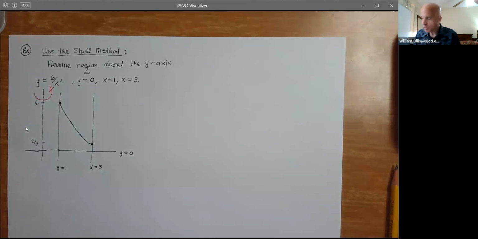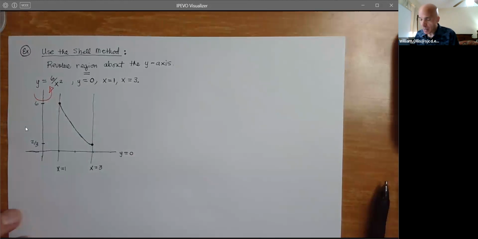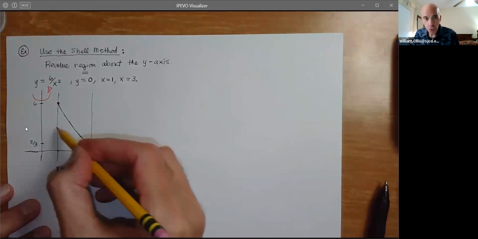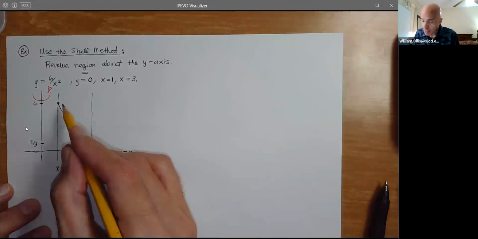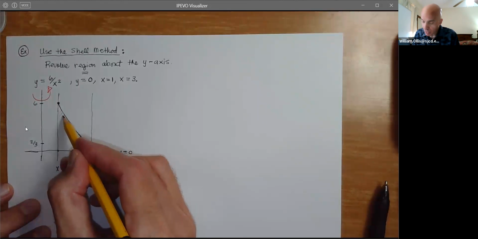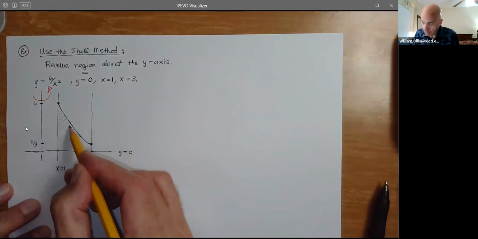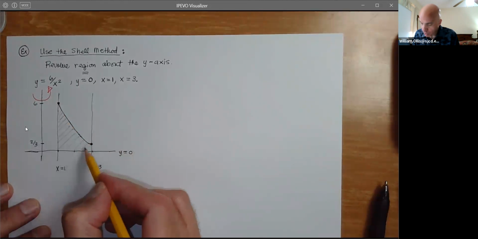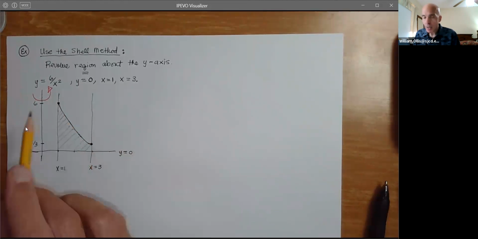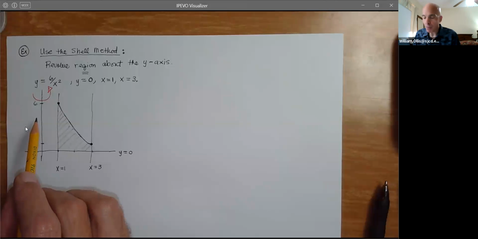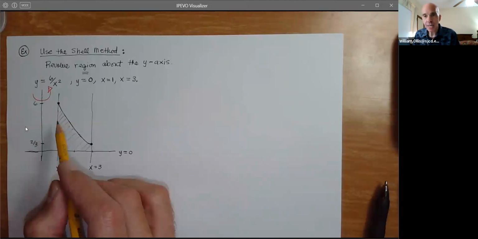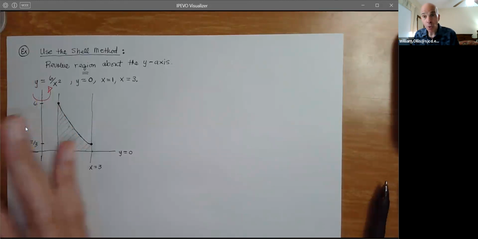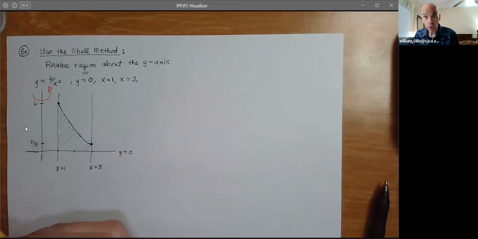So now notice here that we have the vertical lines, we have the x-axis, and so when we look at this, we have this region here. Again, just to get a little picture of what's going on. And now, since we're revolving about the y-axis, we want to take the rectangle parallel to that.